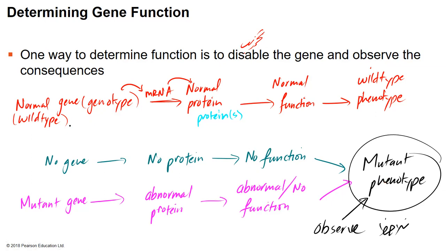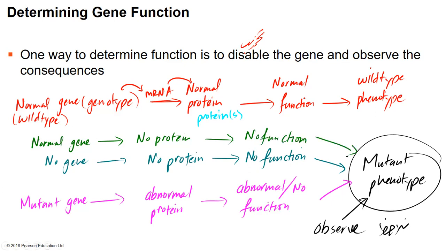So normal gene, no protein, which means no function, which leads to a mutant phenotype.